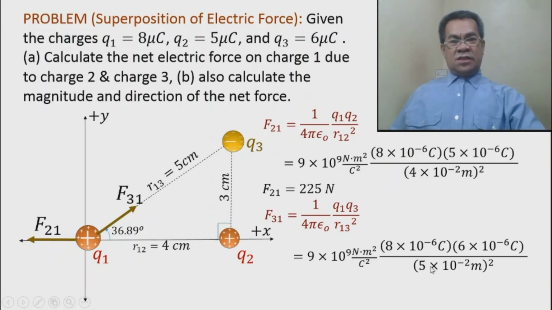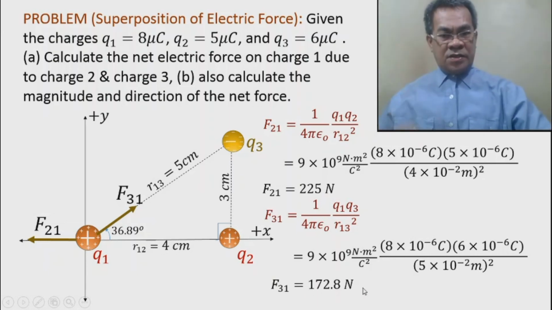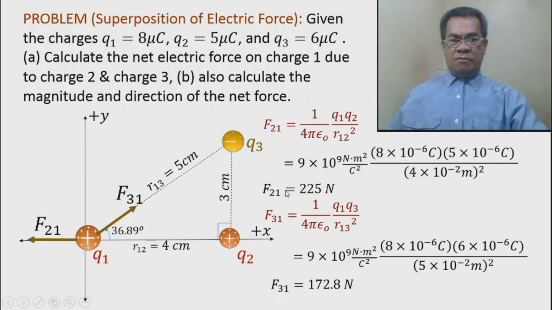Then substitute, and convert from micro to coulomb, 10 raised to negative 6, and the 5 cm times 10 raised to negative 2 to convert it to meter. Then calculate: 172.8 newtons.